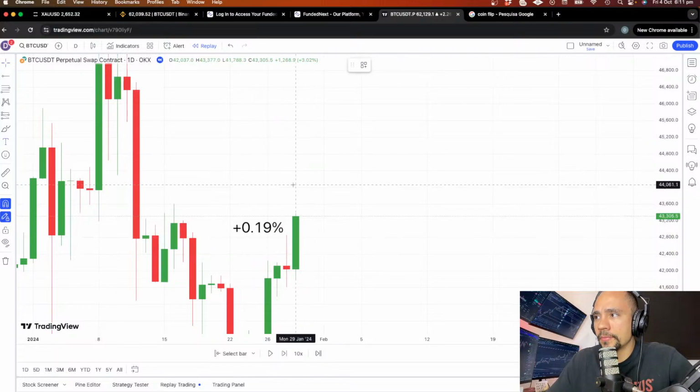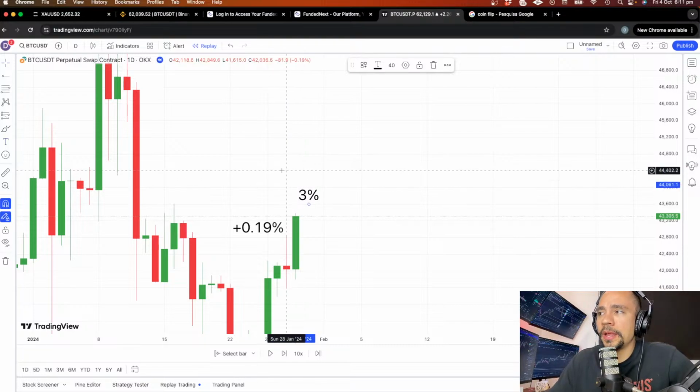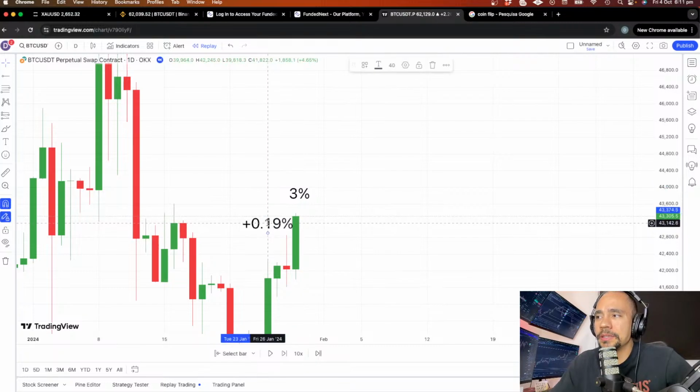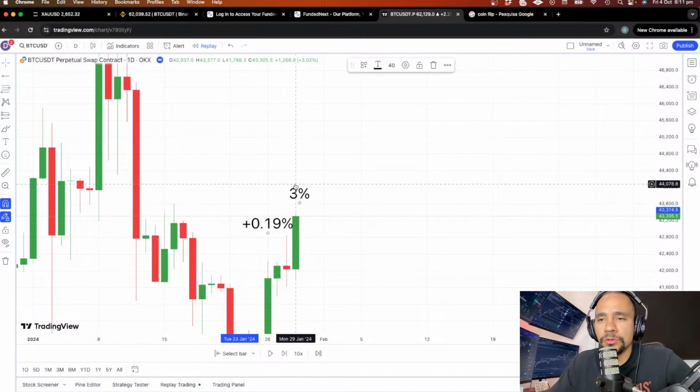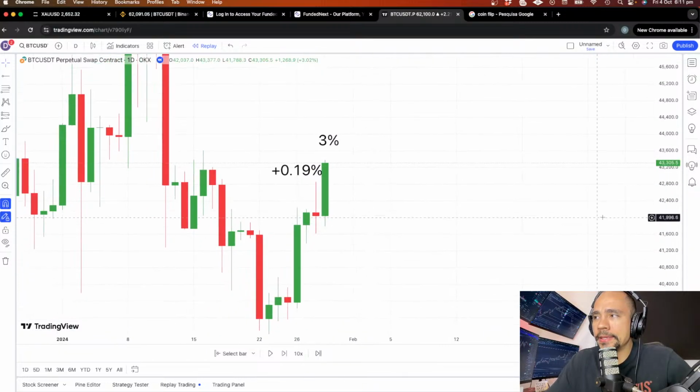So you can see that even if you play a game like a coin flip and a strategy like this, if it comes tails you go short, if it comes heads you go long, it's going to be pretty hard for you to blow up an account, because sometimes you're going to get it right, sometimes you're going to get it wrong, but overall you're going to be 50-50.